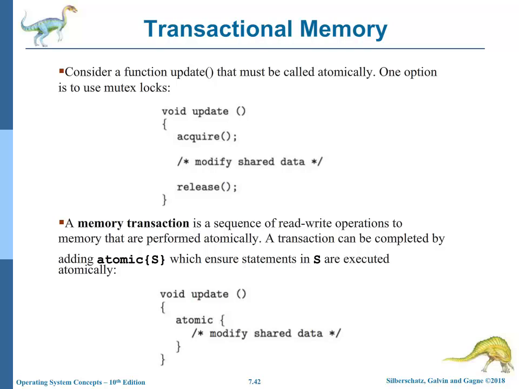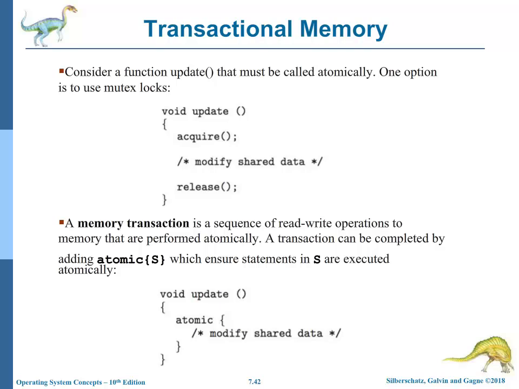As an alternative to traditional locking methods, new features that take advantage of transactional memory can be added to a programming language. In this example, suppose we add a construct atomic{S}, which ensures the operations in S execute as a transaction.